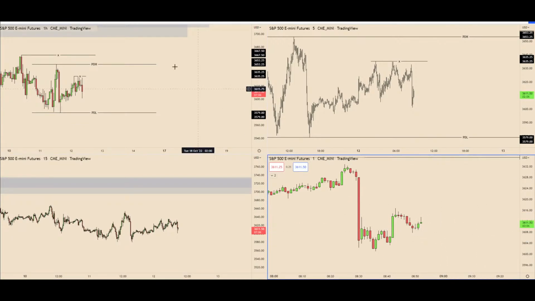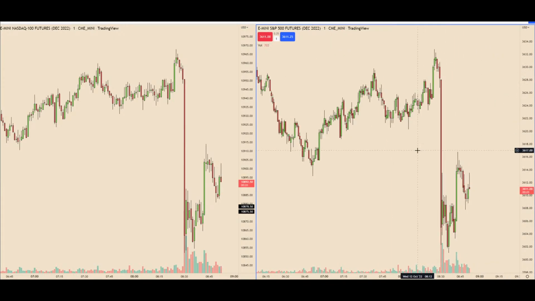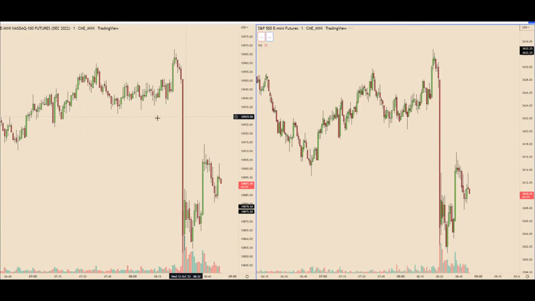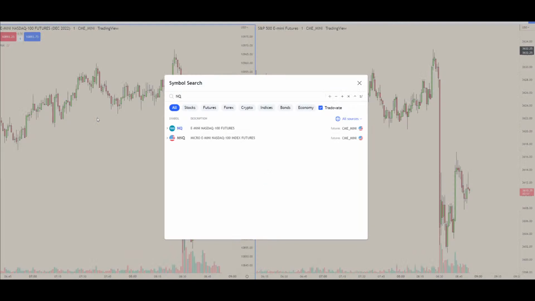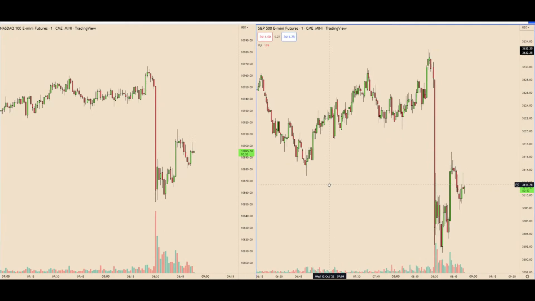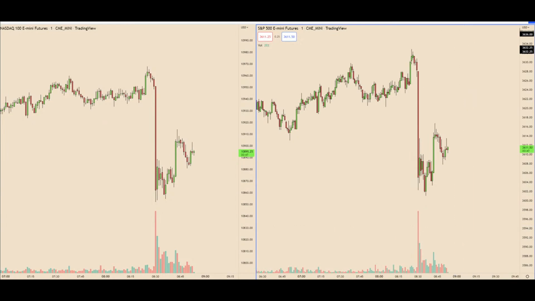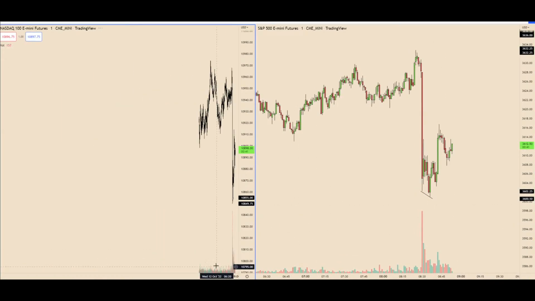Are you seeing any SMTs? Let's go ahead and look. People sync returns, probably not. I mean, yeah, there's a slight one at the bottom here, right? Right there, right there. And I don't know about at the top.